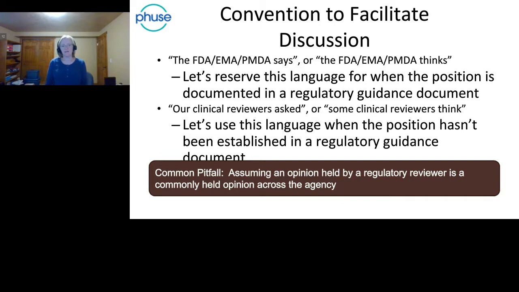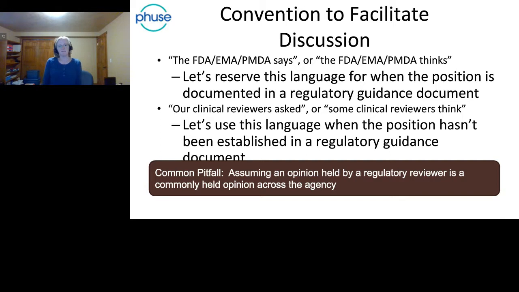And it's never clear whether that person is referring to a regulatory guidance, which you can consider a broad opinion from a particular regulator or agency, or is it just a personal experience or a personal interaction that they may have had on their particular study or submission? So it's really important to know the difference, right?